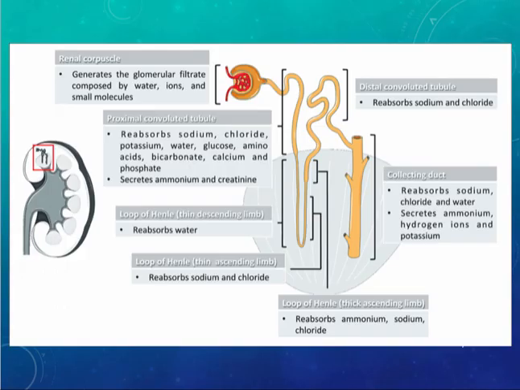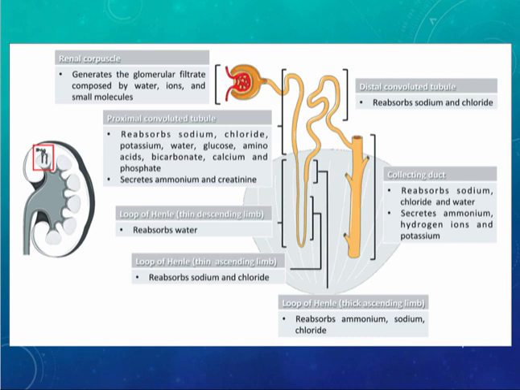As I mentioned, the glomerulus is basically the filtrate. That's where the major filtering takes place. Then as you move through your kidneys, you have different sections, like your proximal convoluted tubule. I don't expect you to memorize each section and what it absorbs and what it doesn't absorb. I just want you to have an idea of what it affects.